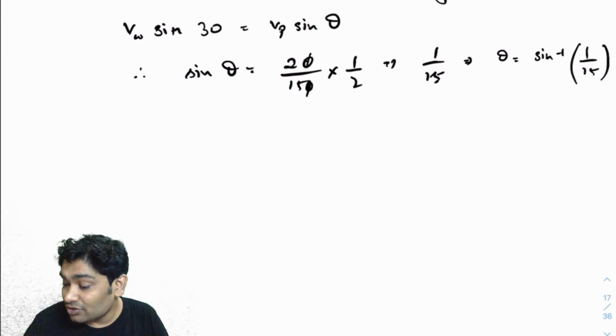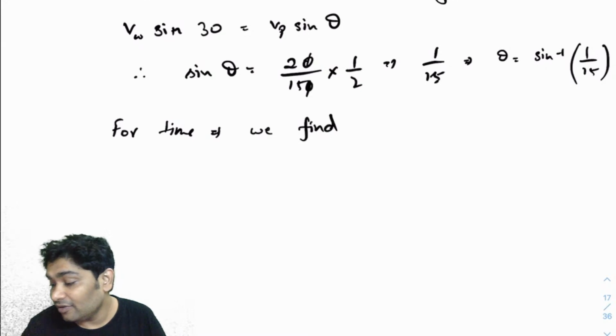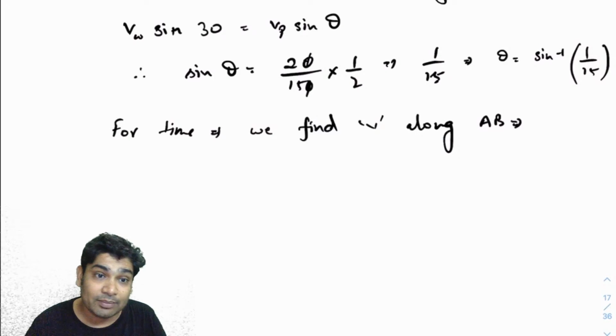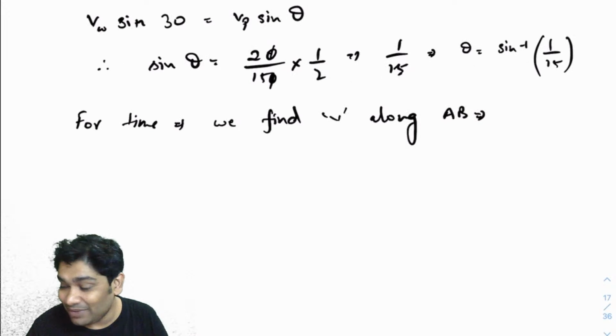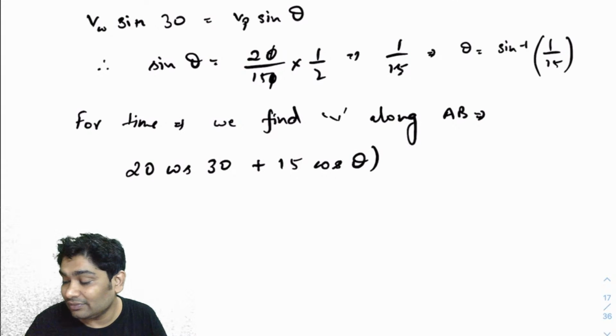Okay, so for time we find velocity along AB. So in the direction of AB, what is the velocity? In the direction perpendicular to AB, it will become 0, and in the direction of AB, it will be 20 cos 30 plus 150 cos theta.